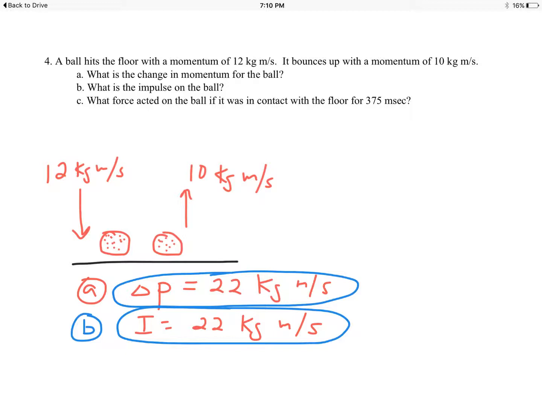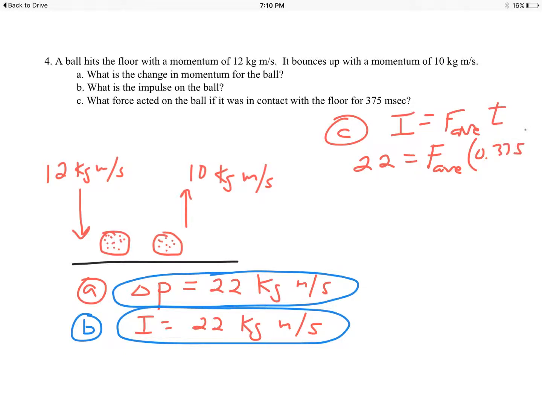All right, now we got to do part C. I'm going to go to the top over here. Part C, the impulse, well, the equation for impulse is the average force times the time. We know the impulse is 22. We're trying to find the force now, the average force, and the time is 375 milliseconds, which is 0.375 seconds.